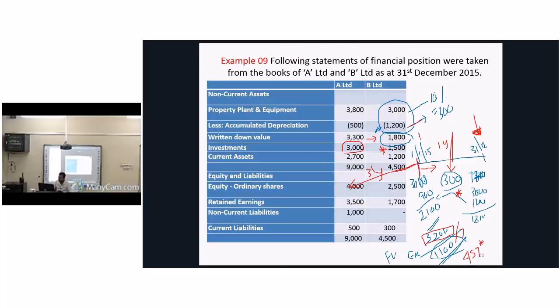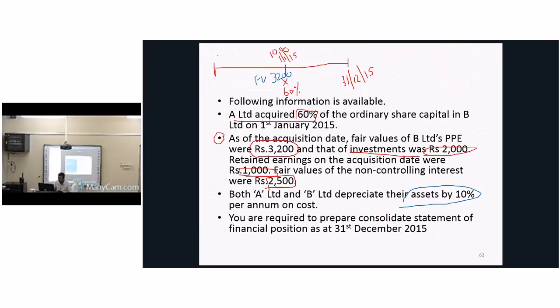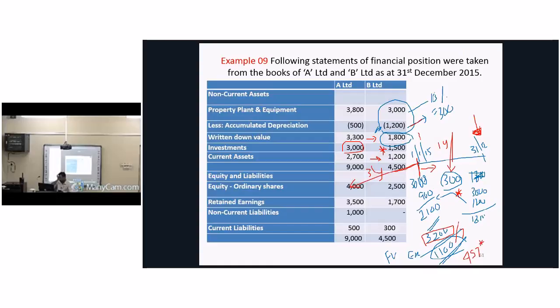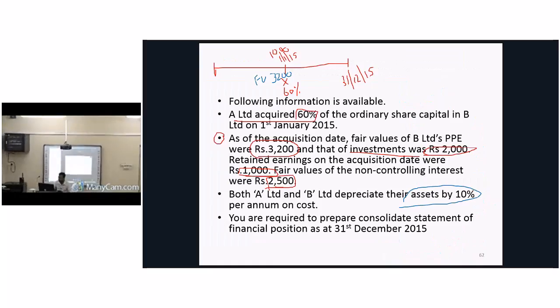Current assets, no change, therefore we can take it as it is, sum of these two, 3900. Current asset, 3900. And equity, parent's equity we can record as it is, 4000, and the subsidiary's is 2500.